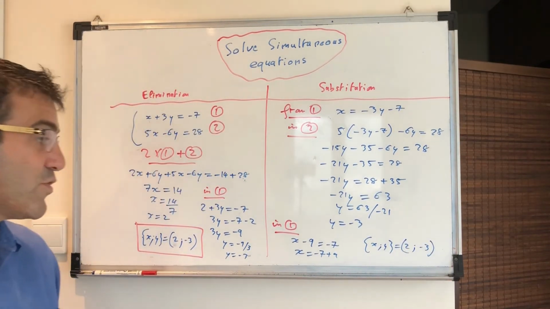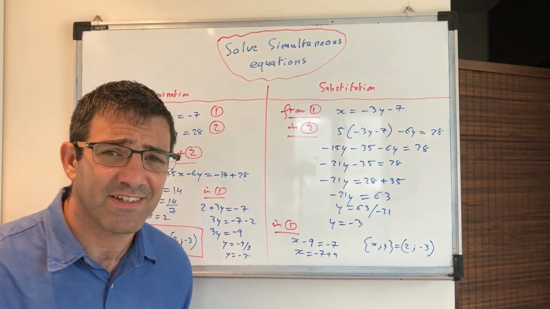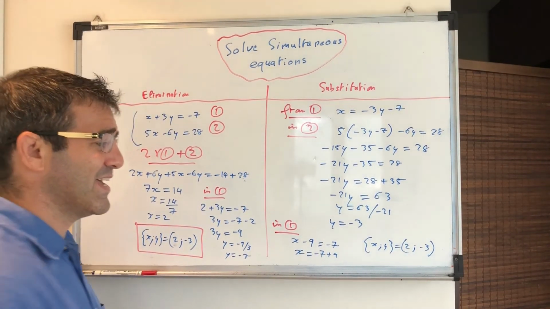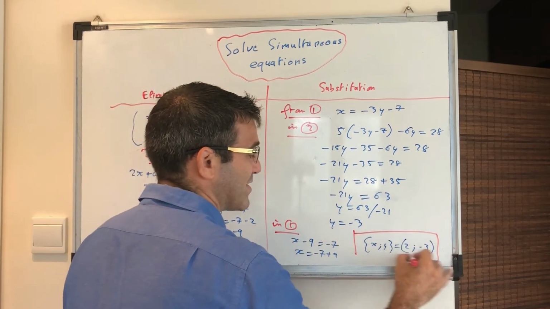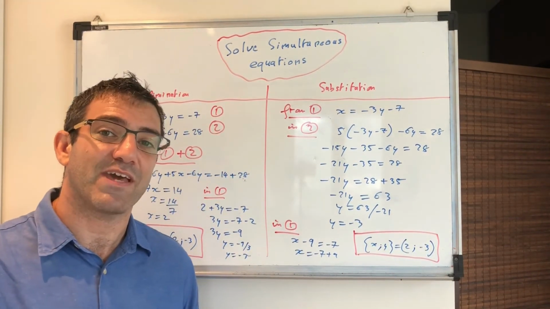So of course I'm going to find the same solutions because mathematics is perfect. No, it's not perfect. It's just that with simple equations like these, mathematics works out. So you can have faith in the system.